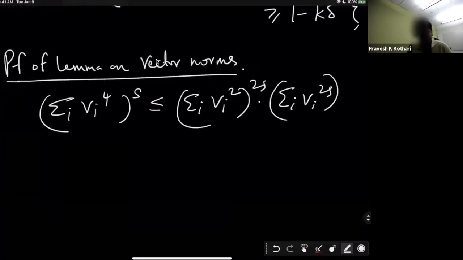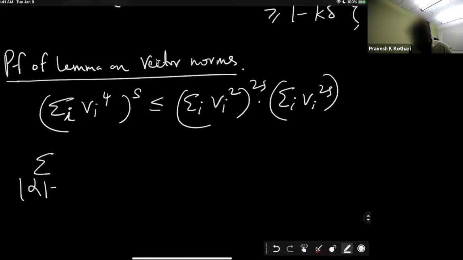expand left and right hand sides. So if I expand, this is a sum of r terms raised to the s-th power. You will agree that I can write it as the sum over alpha of (s choose alpha) times v to the 4 alpha.